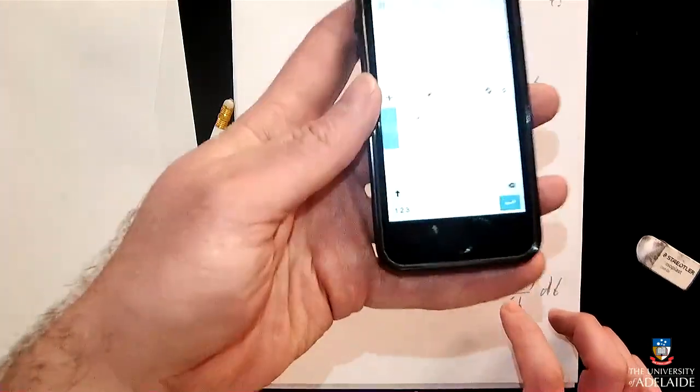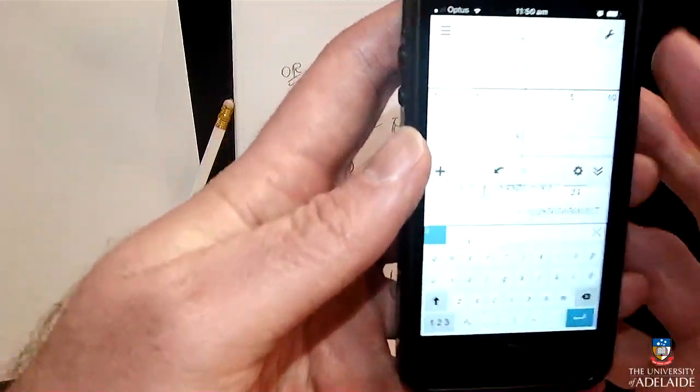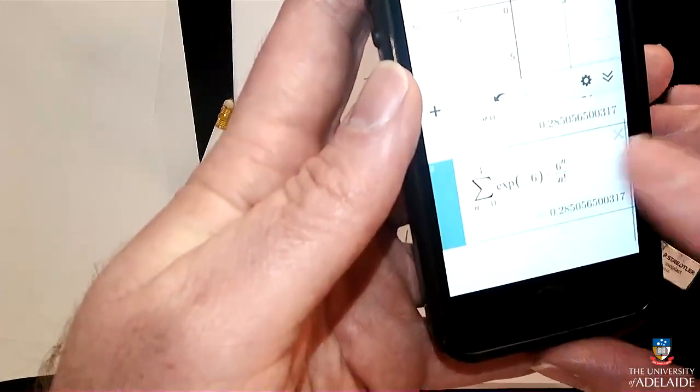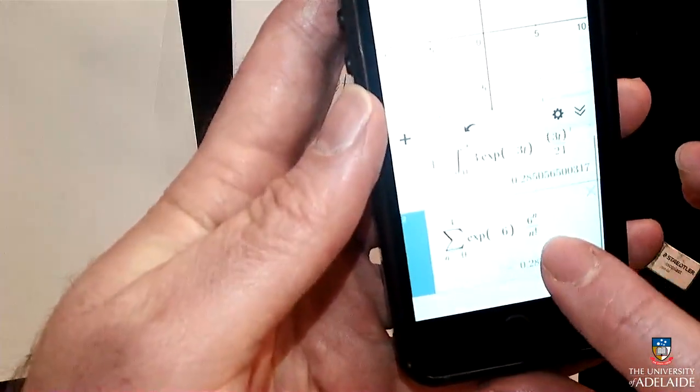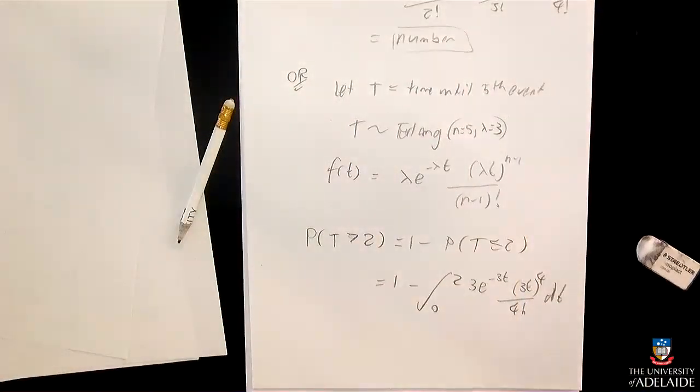Same answer! Yay! Cool. It worked. That's beautiful. Okay, I believe the Erlang distribution, but that is not what I would do in an exam because that integral does not look like fun.